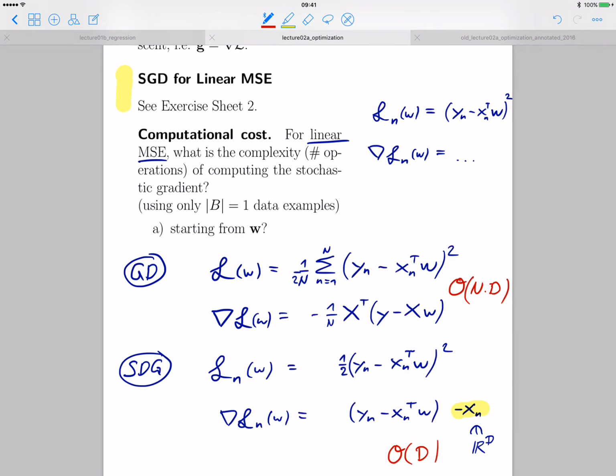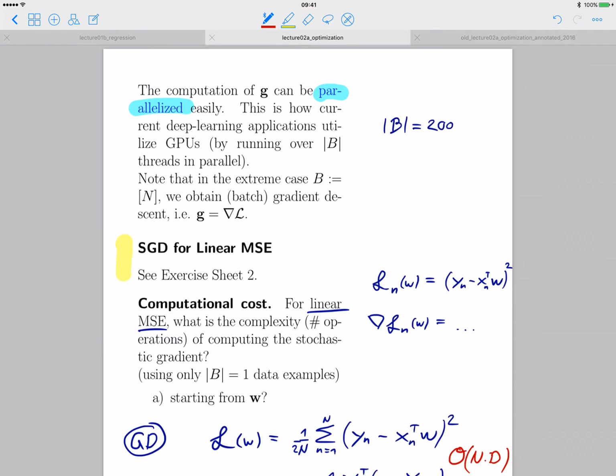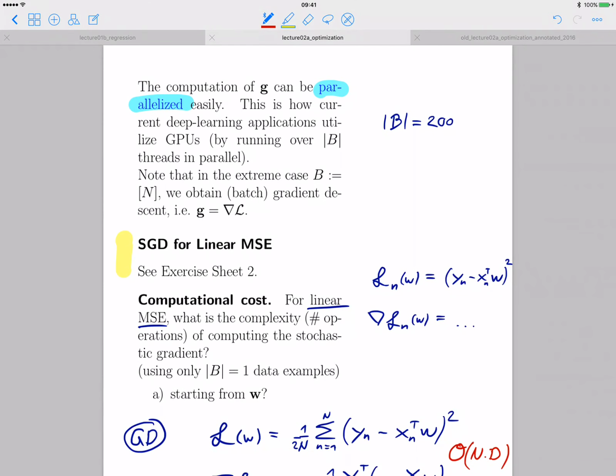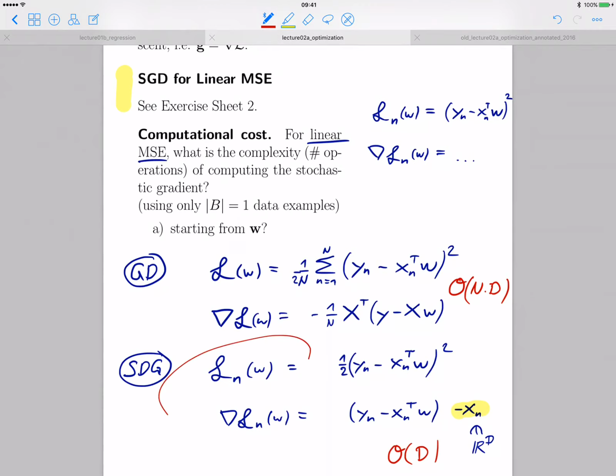Okay, there is one thing in between. How expensive is actually this mini batch stuff when we don't do it for one extreme point as here, but if we do it for a set B, let's say 5 of the points? Can you tell me how much I then have to spend to compute one step? If the cardinality of B is a constant, it's small as well.